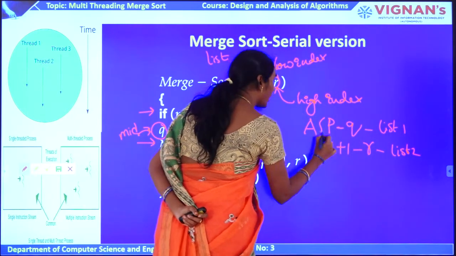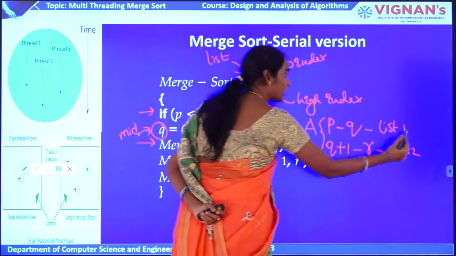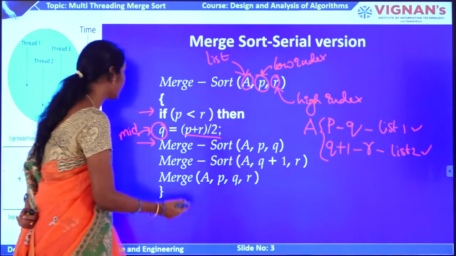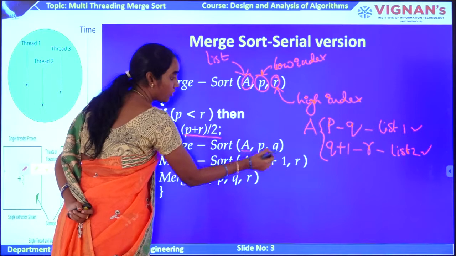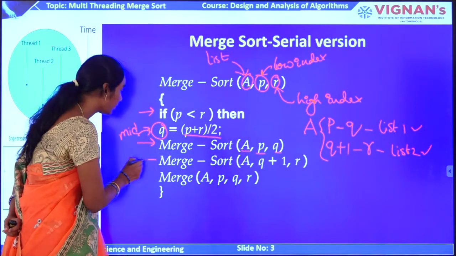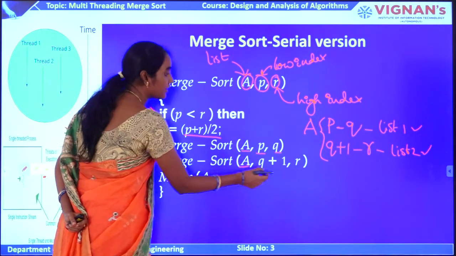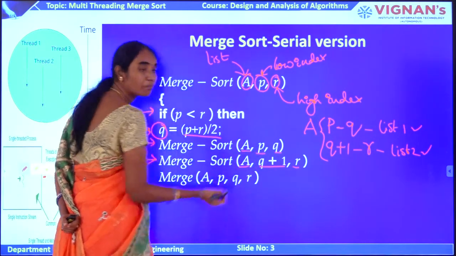So I need to apply merge sort on list 1 as well as on list 2. So merge sort of A comma P comma Q, and again merge sort on the second list, from Q plus 1 to R.